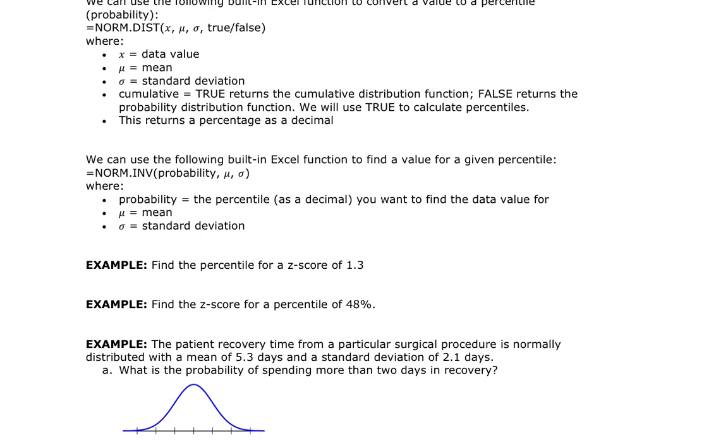So if I get out my Excel spreadsheet, find the percentile for a z-score of 1.3. Now we don't know the mean. Since we are not given the mean, then we are going to use the standard normal distribution. So what I would put in my Excel spreadsheet is the equal sign and NORM.S.DIST, because I don't know what the mean is.